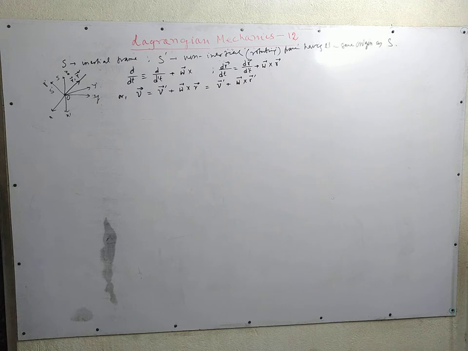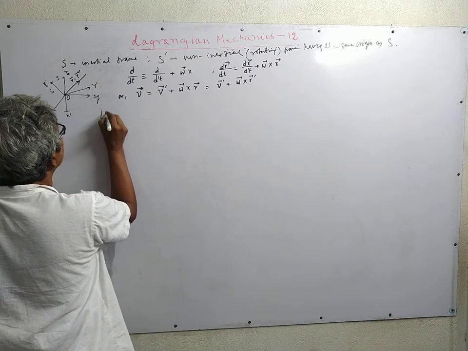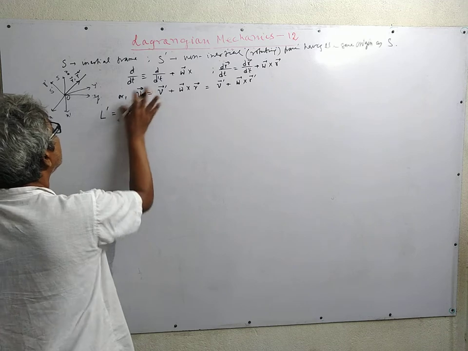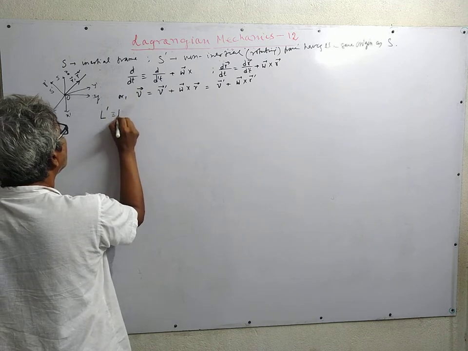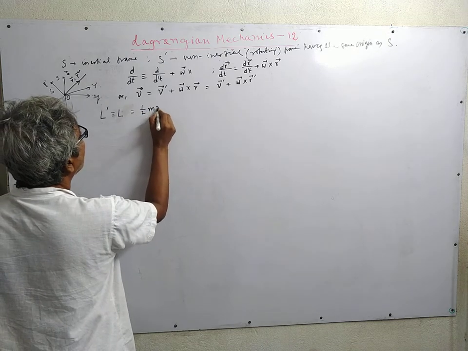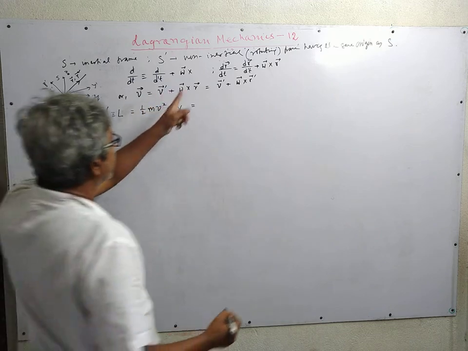So we write the Lagrangian in the S frame, and then we change the variables to those of the prime frame to get the Lagrangian in the prime frame. That is to say, we write L as half m v squared minus V, and for v we write this expression.